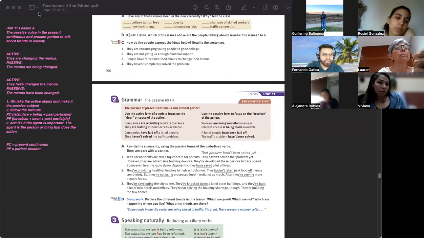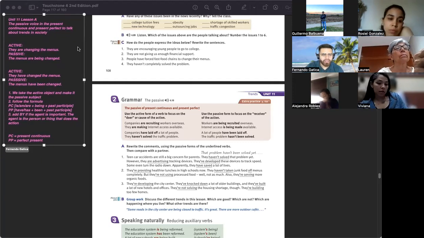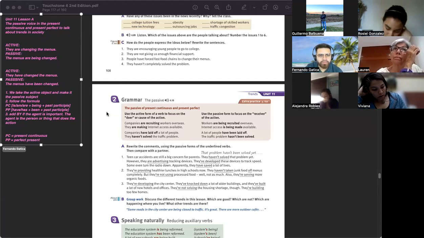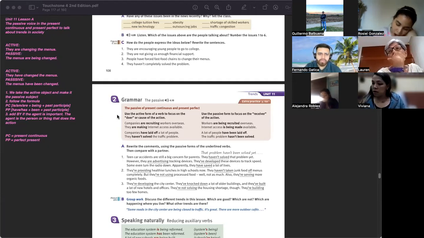Guillermo, tell me. I have a question, teacher. Is it possible to use the passive voice with, for example, other tenses like past perfect or with modals? Yeah, exactly.